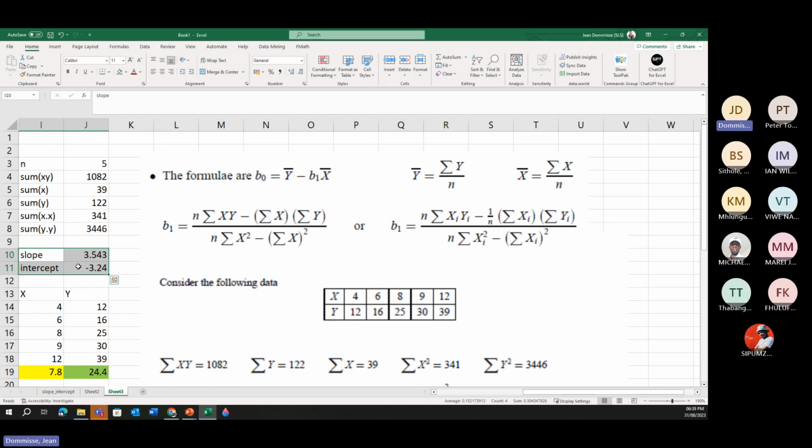So again, I will share this on the WhatsApp group, so that when these problems come up in your assignment, you have an Excel to use as well.